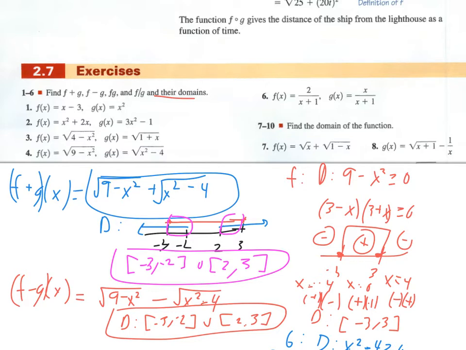All right, next up we have f times g of x. So for this, we're going to multiply them together. So I'm going to do rad 9 minus x squared times rad x squared minus 4. When we're multiplying two radicals, even if they're different, we are allowed to multiply their insides together. So I'm going to go ahead and do that.